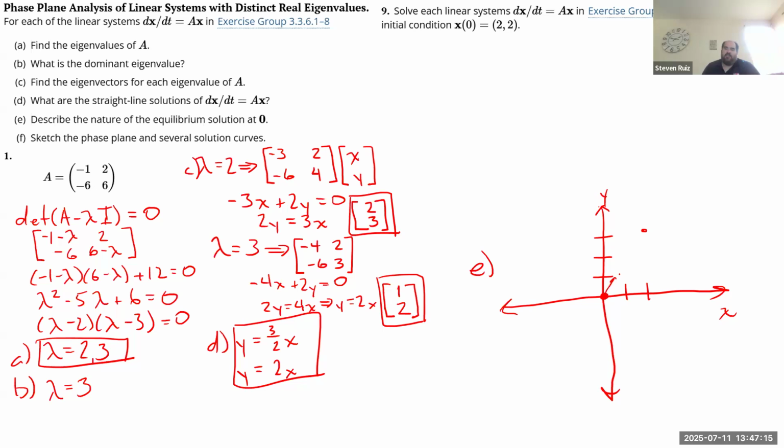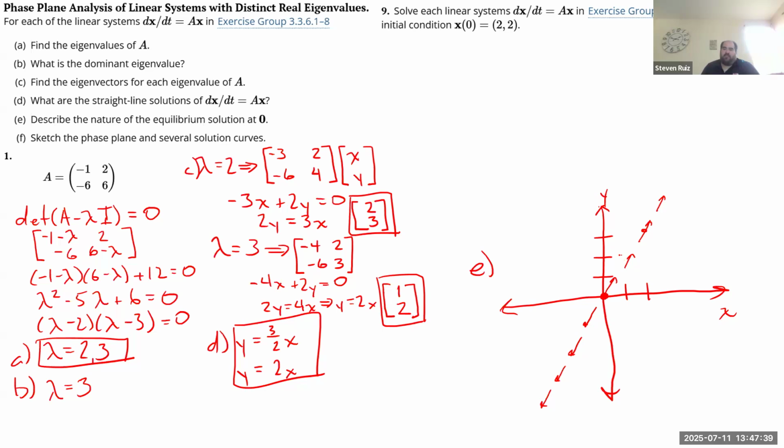Because of that, my vectors along this straight line trend outward from the origin. So that's going to be true in both directions. But all these vectors should line up. The other straight line solution is along the line y equals 2x.